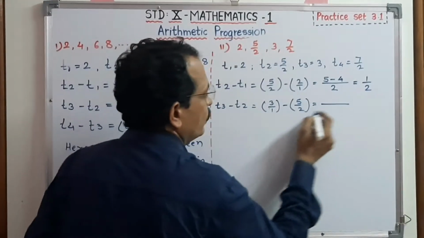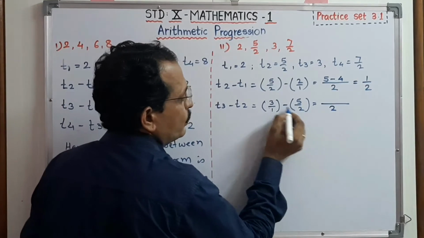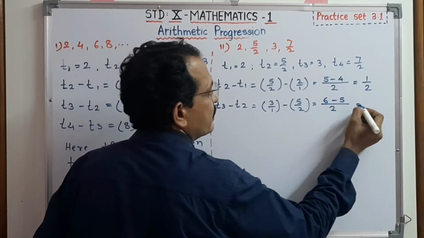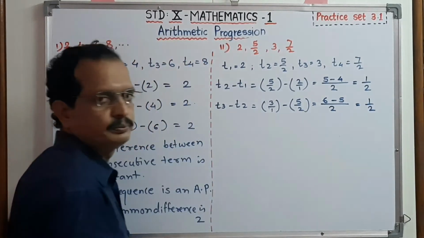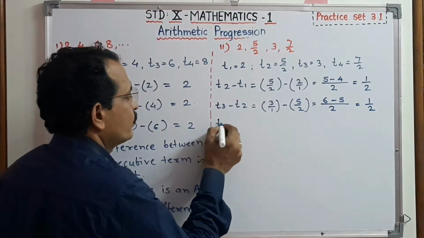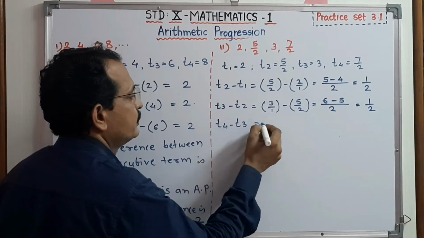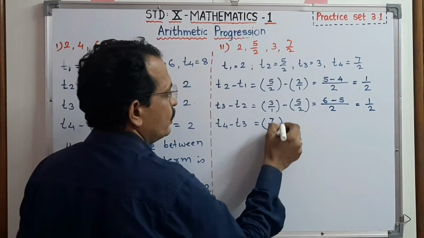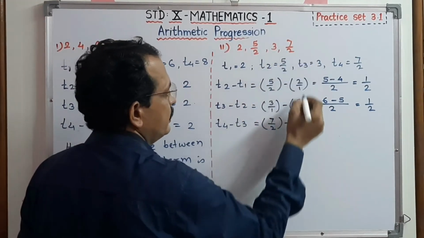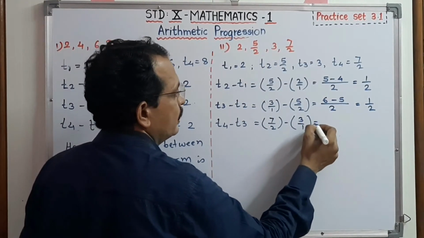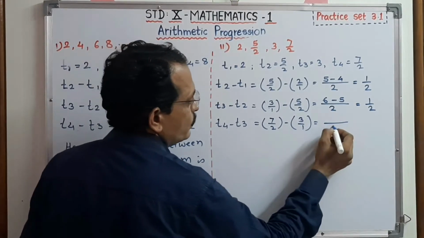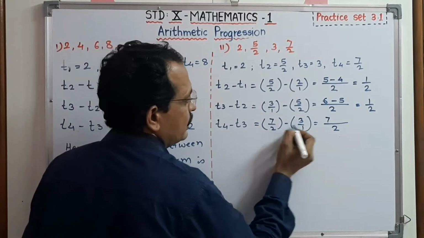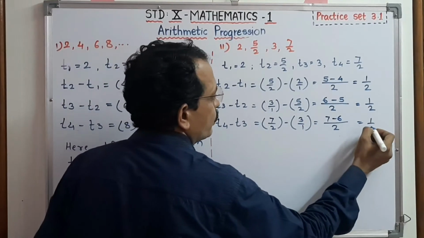Now 2 ones are 2, 2 threes are 6, minus 5 ones are 5, 6 minus 5, it is 1 upon 2. t4 minus t3. t4 is 7 upon 2 minus t3, it is 3 upon 1. Same thing, 2 ones are 2, 7 ones are 7, 3 twos are 6, it is 1 upon 2.